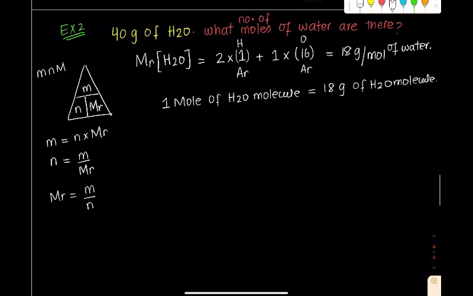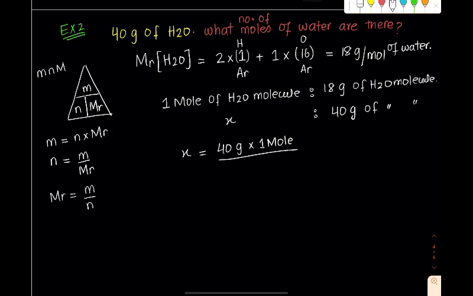So if I have 40 grams of water molecule, then how many moles of water molecules are there? That will become X. So let's make it into a ratio. So X is equal to 40 grams times 1 mole divided by 18 grams.